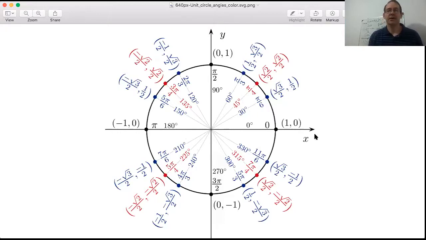Okay, so you have by halves, you have by fourths, you have by thirds. I guess I should have done the halves, the thirds, and then the fourths. So the halves is your 90, by thirds is by 60, by fourths is by 45, and by sixths is 30.